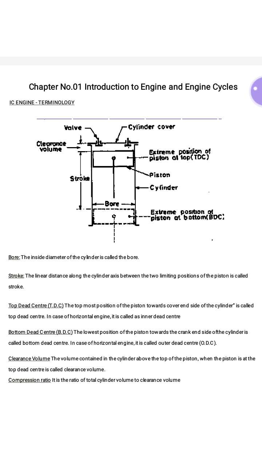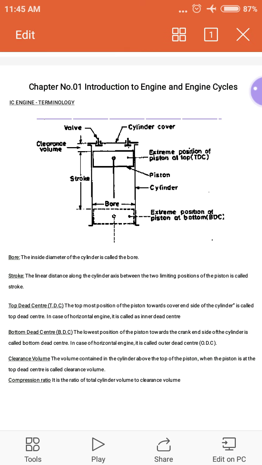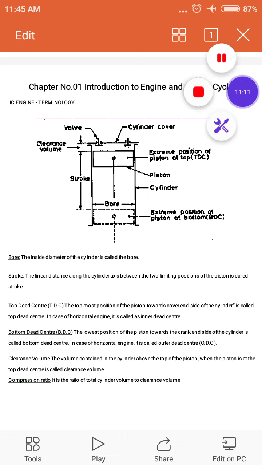It is the ratio of total cylinder volume to clearance volume. The total cylinder volume means clearance volume plus stroke volume. The ratio of this total volume to the clearance volume is called the compression ratio of the engine. So these are the main terminologies of the engine.